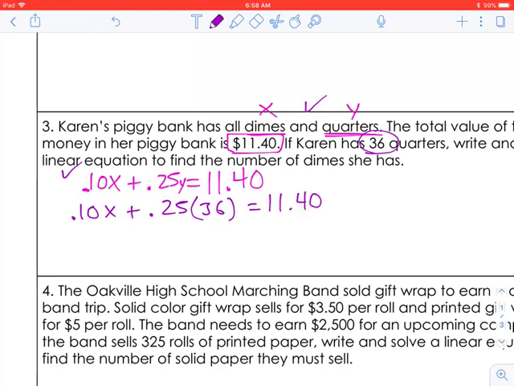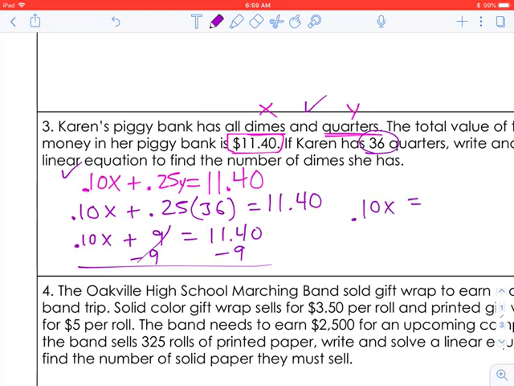Now we go ahead and work it out. 0.10x plus 0.25 times 36. Again, I'm using my calculator to get 9, equals 11.40. Now we go ahead and solve. Subtract 9, and I get 0.10x equals 11.40 minus 9, which is 2.40.